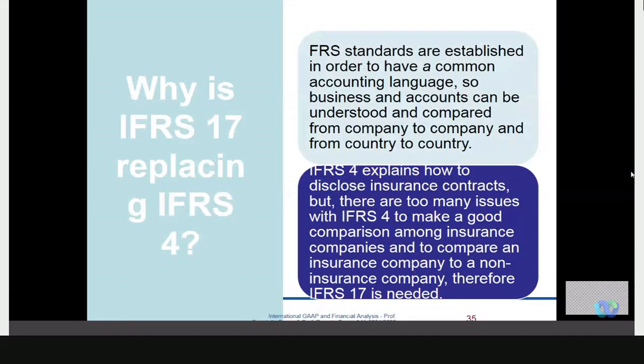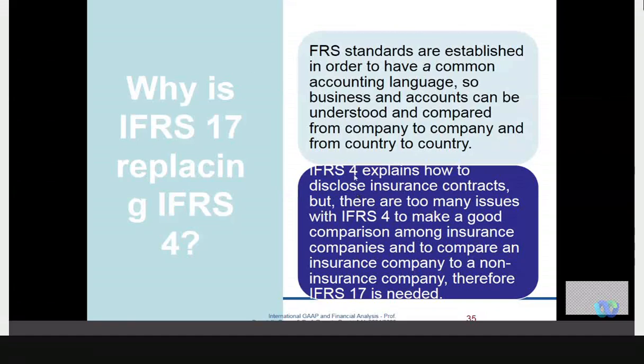Okay. So a couple of words about the two standards. After all, why is IFRS 17 replacing IFRS 4? Remember that financial reporting standards are established in order to have a common accounting language, so business and accounts can be understood and compared, as we said, from one company to the other, between industries and so on.